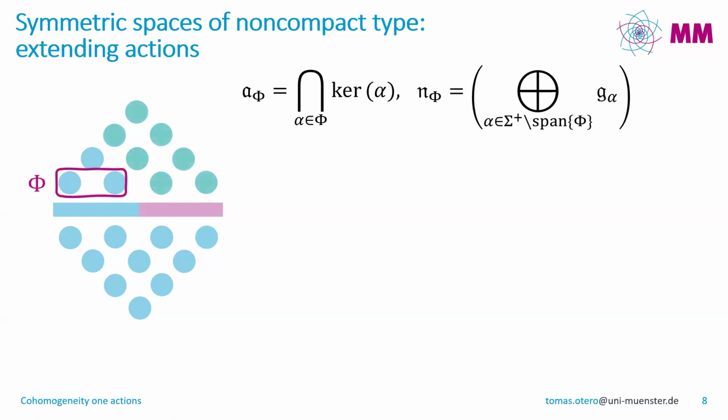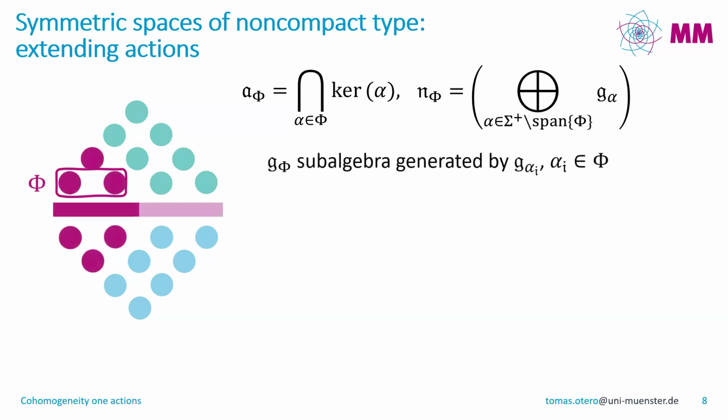Here painted in green are the positive root spaces that do not correspond to things in your subset. And then you take G phi to be the subalgebra generated by the root spaces which do lie in this set of simple roots.